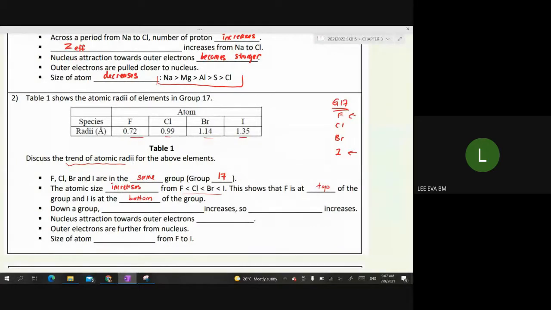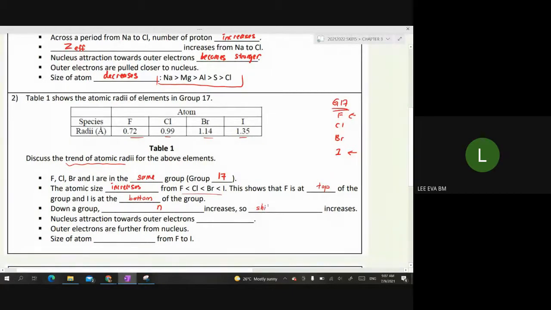Down the group, what increases? Number of shells. What increases as well? Remember one pair? Shielding effect.